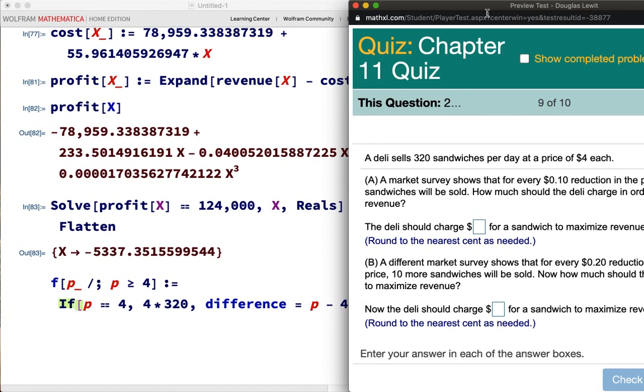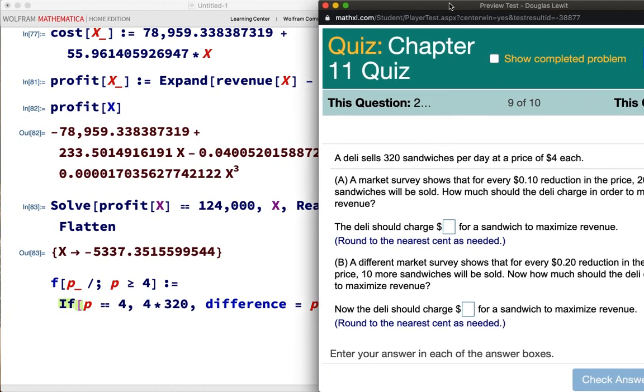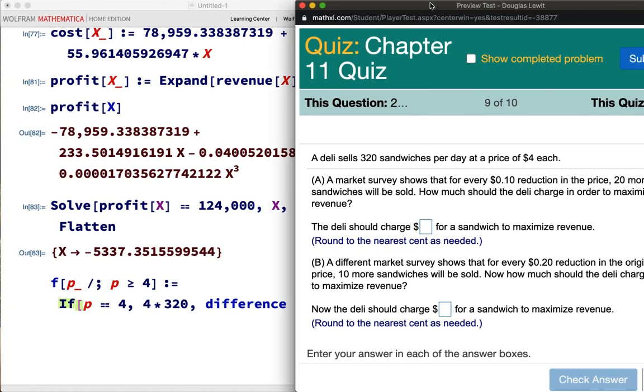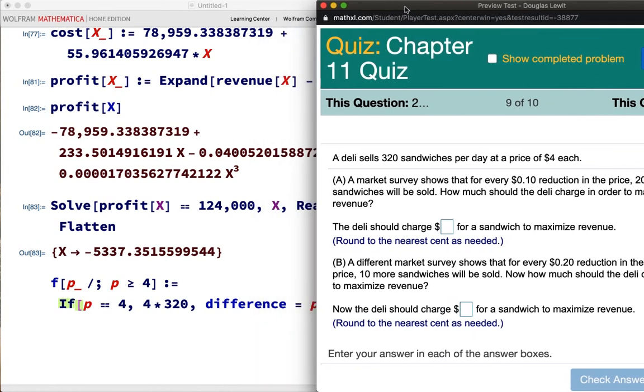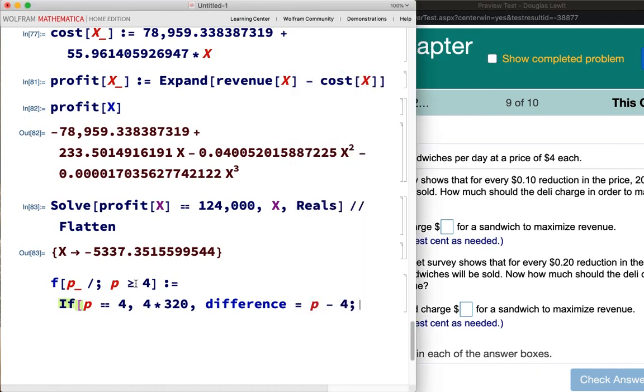And for every 10-cent reduction in the price, 20 more sandwiches will be sold. Oh, so actually the P is going to have to be less than or equal to 4, okay, because we're going to go down in price.